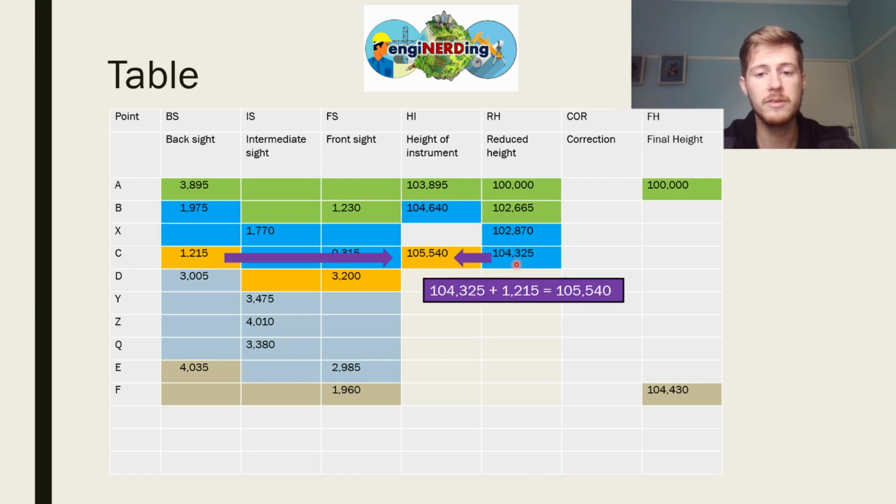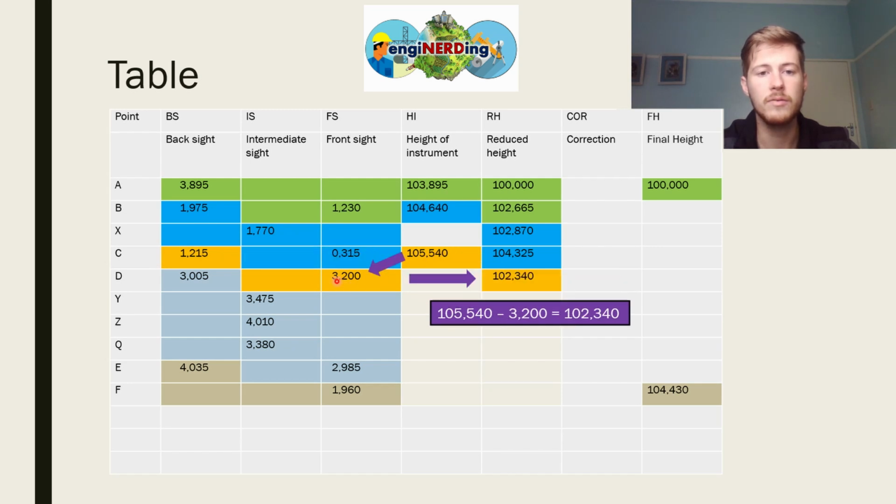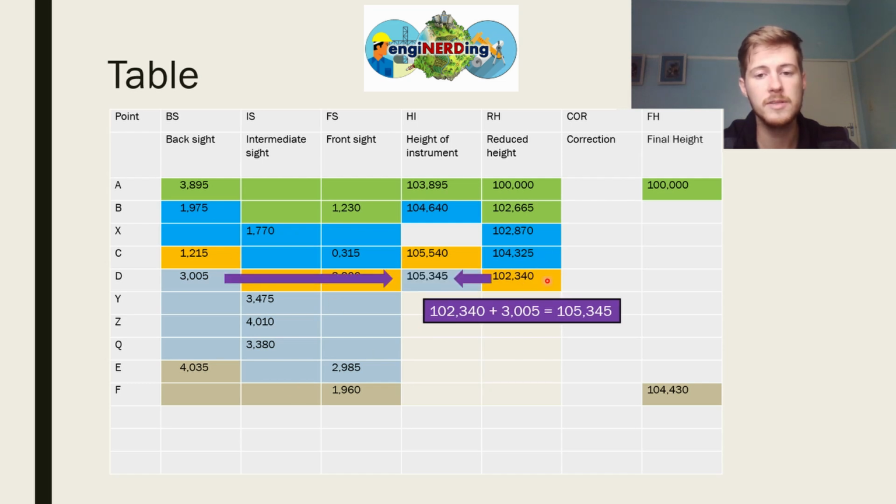Then we repeat for the third: reduced height plus our back site gives us our new height of instrument. We only have one fore site in the setup, so our height of instrument minus the fore site gives us our reduced height. For the next big setup, we once again calculate our height of instrument: reduced height plus our back site.